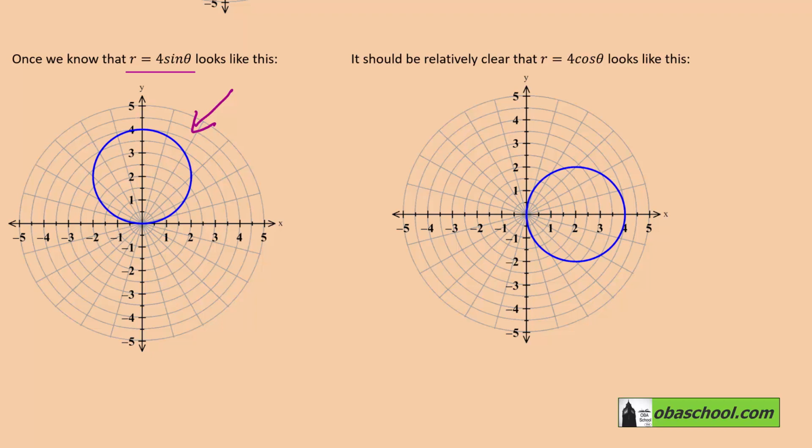Remember that the path is traced twice, once for the positive values of r and once for the negative values of r. Once you know that r equals 4 sine theta looks like this, it should be relatively clear that r equals 4 cos theta will look like this.